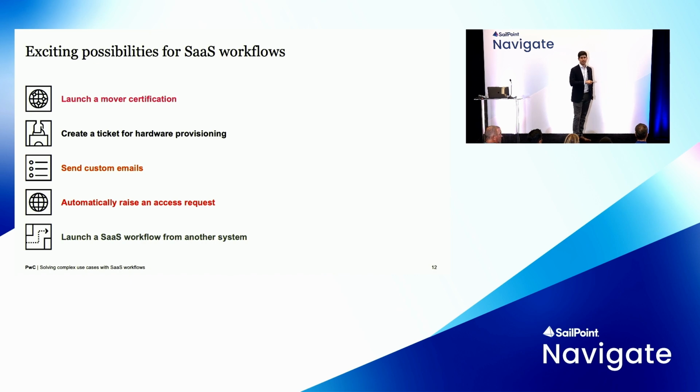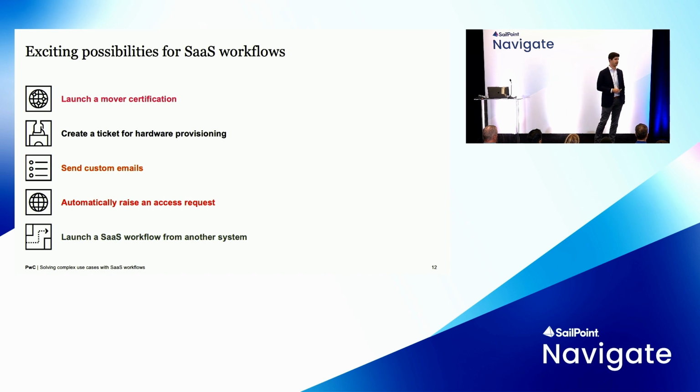So the first one, and this is actually something we're going to go over in the demo coming up, is launching a mover certification, right? So very common use case where somebody is changing managers, changing jobs, want to make sure least privilege is enforced. So when you detect that mover, launch a certification campaign targeted at that one individual, right? Workflows solves for that.